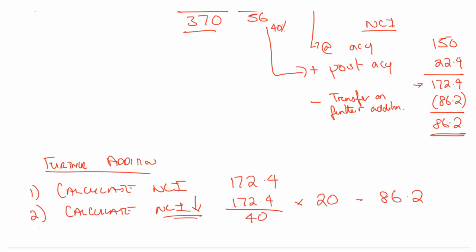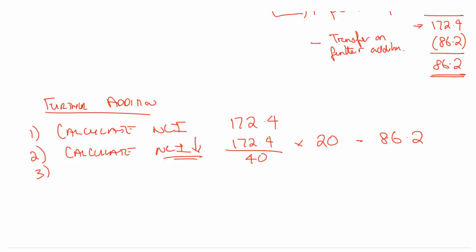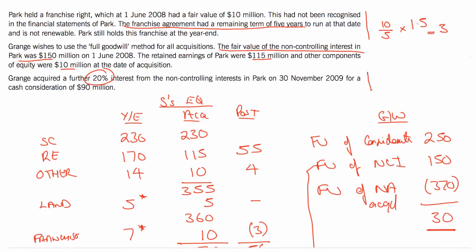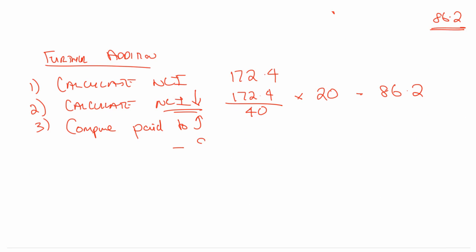Now, step 3 is compare the amount I paid to this fall in NCI. So how much did I pay for this amount? I paid 90 million. If I paid 90 million, can you pause the video now and tell me then how much have I gained or lost if I paid 90 million for this 20% from the NCI?